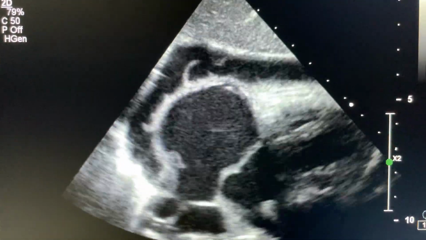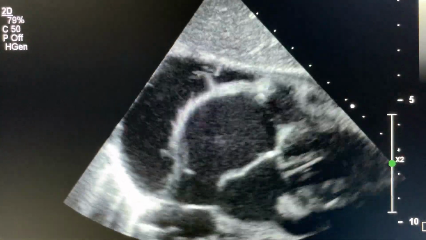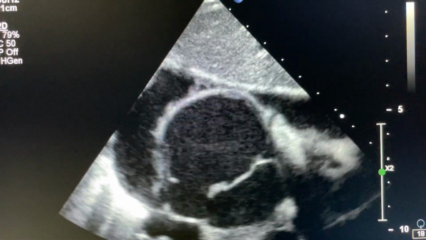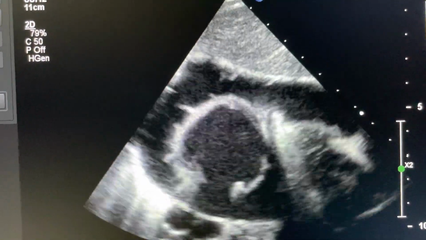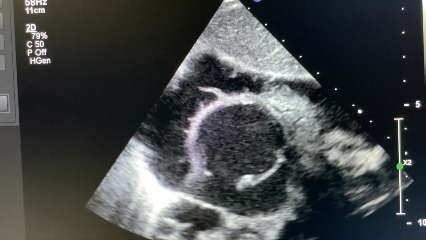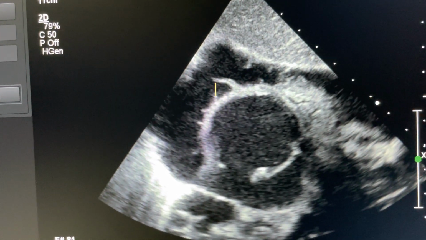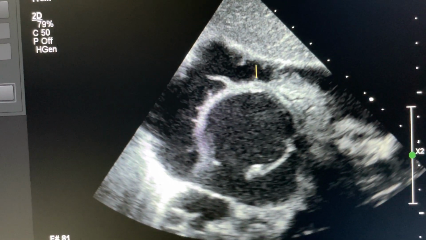Again this is subcostal view, four chamber view, and now you can see the pericardial effusion and significant fibrin bands. This is coming from visceral pericardium and this also from parietal pericardium.